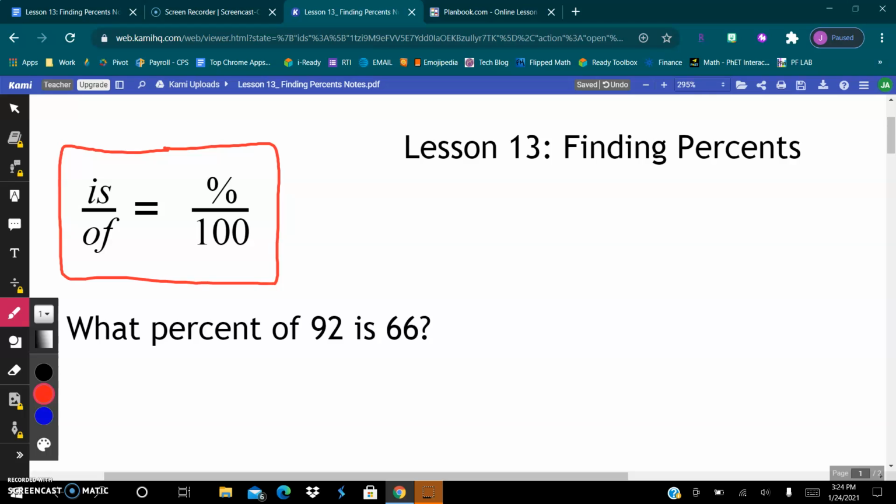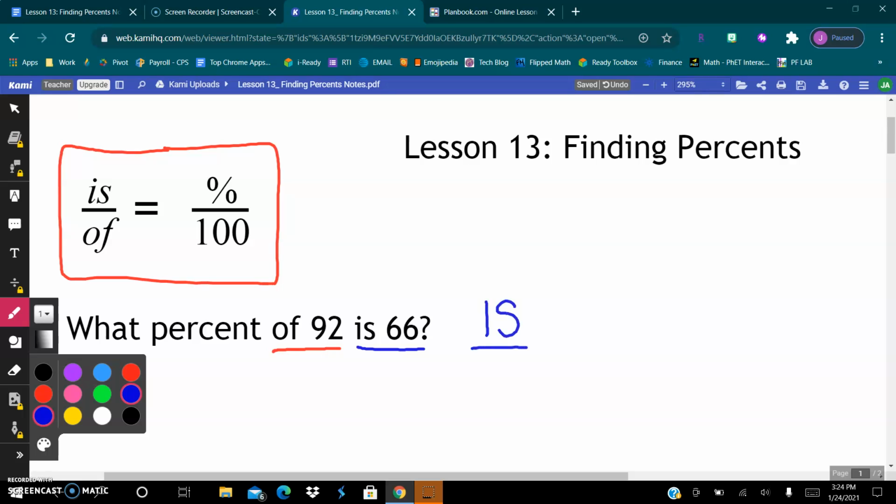So the first question says, what percent of 92 is 66? So you are noticing that it says of and also is. Those are what we're going to use in figuring out this problem. So is on the top of our first ratio there. So is 66, so 66 would be our top number.